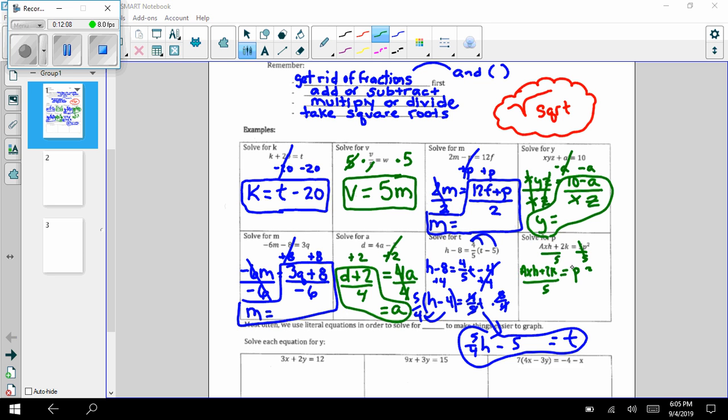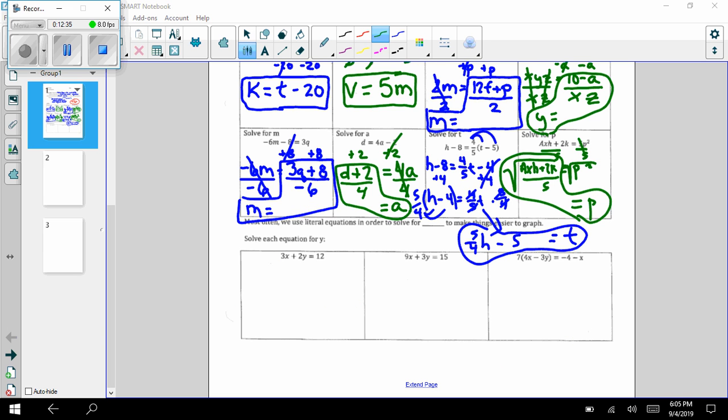So what that's going to look like is I will put the square root over the p squared. When it does that, it lifts the square and just becomes p. Since I put the right side under the square root, I have to do the same to the left side. So my final answer is going to be p over all of this under a square root sign. And that's as far as we have to go for that one.